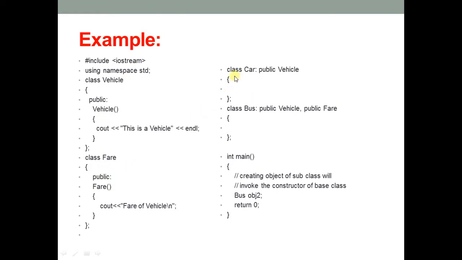And you can see here class car. ये जो क्लास कार है ये कहाँ से इनहेरिट कर रहा है? व्हीकल से. दैट मीन्स ये यहाँ से इनहेरिट कर रहे हैं हम लोग, कौन सा? ये कार. अब यहाँ पे देख सकते हैं क्लास बी, क्लास बस. ये बस क्लास जो है ना, ये डिराइव क्लास है. कहाँ से इनहेरिट किया है? व्हीकल एंड फेयर दोनों में से. दैट मीन्स ये इनहेरिट हो रहा है यहाँ से भी, यहाँ से भी.